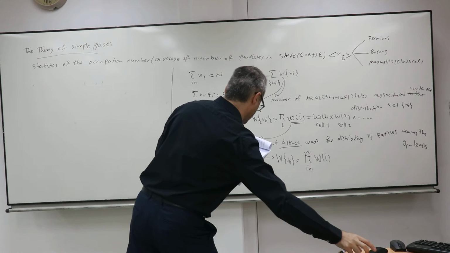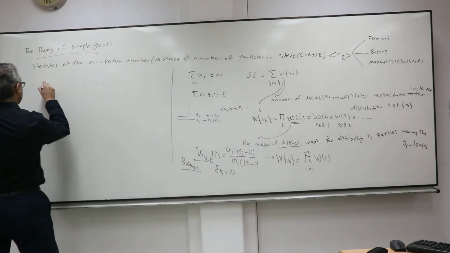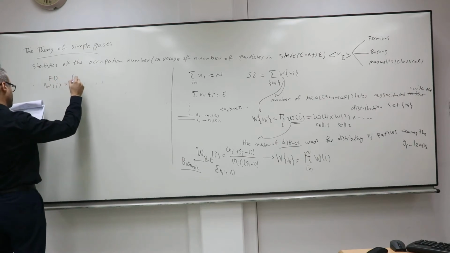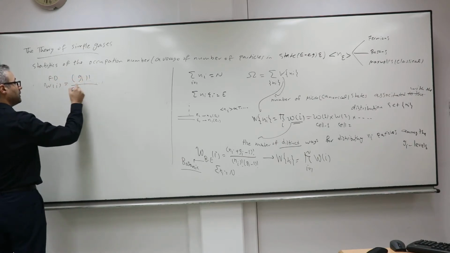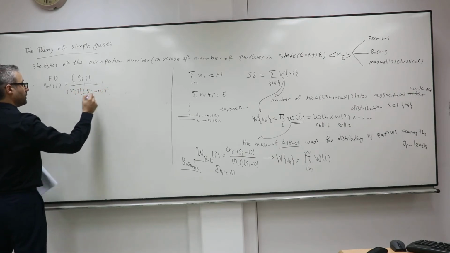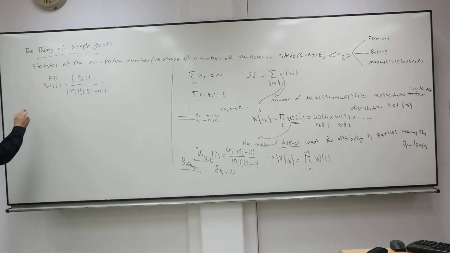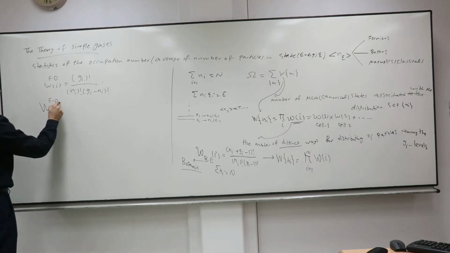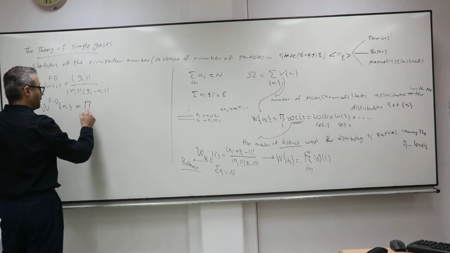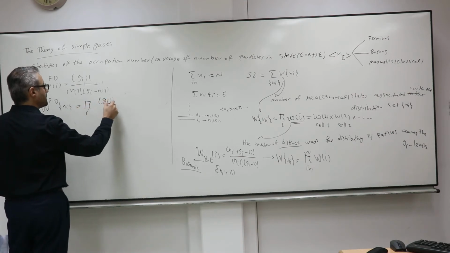So for Fermi-Dirac, Wi for a Fermi-Dirac particle will be Gi factorial over Ni factorial times Gi minus Ni factorial, and still W Fermi-Dirac will be the product over i. Yes.